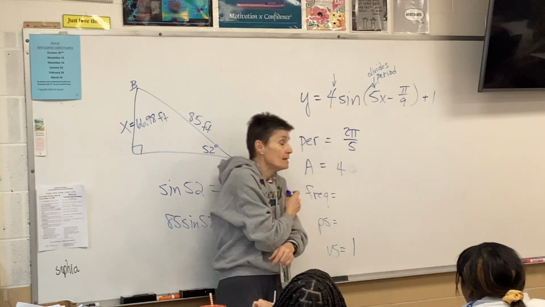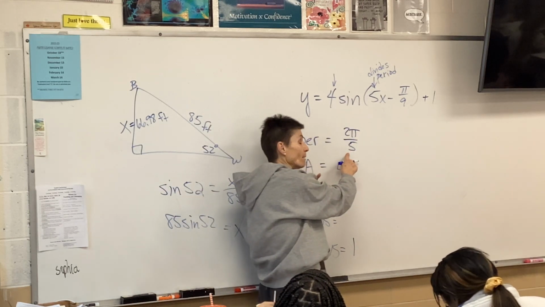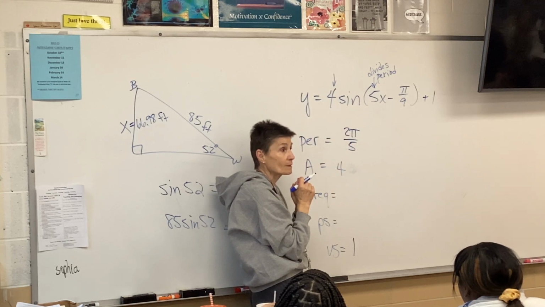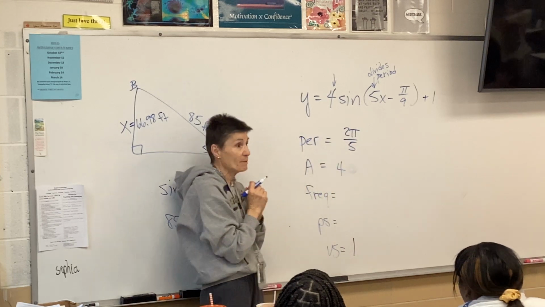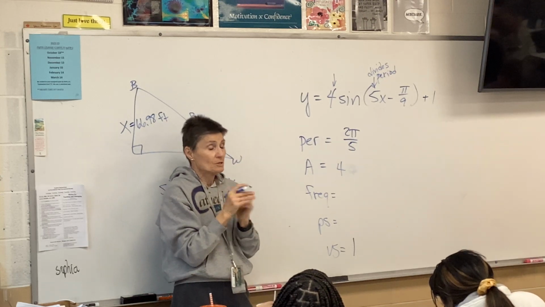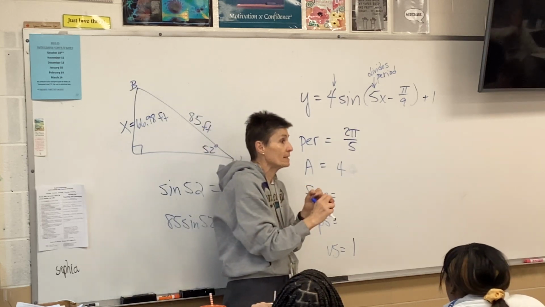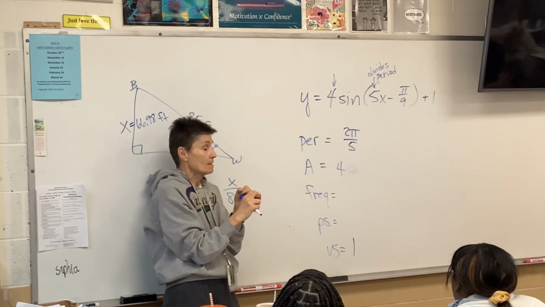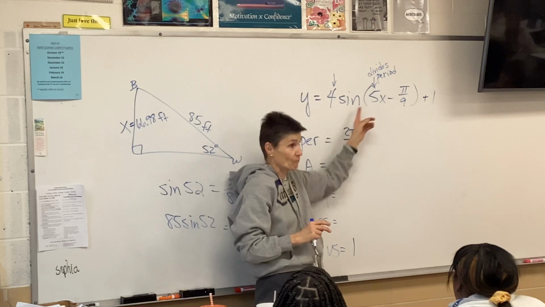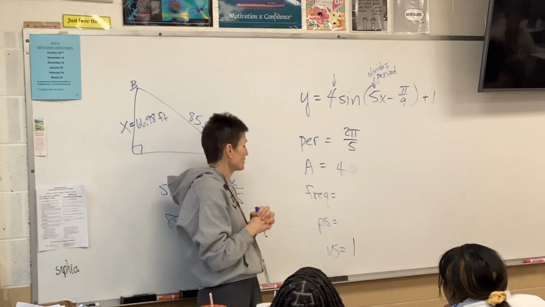That's my period. If this were a cosine, same thing. But if it were a tangent, anybody remember? Pi over 5, because the period of a tangent is pi. So sine and cosine, their base period is 2 pi. But a tangent, the period is pi. So it would be pi over 5 if that were a tangent. Got it? Okay, what else do you know?